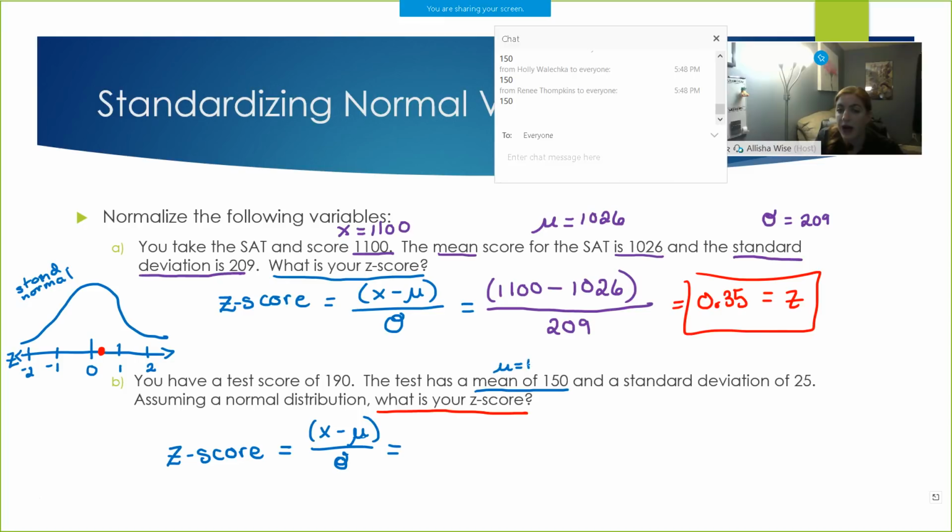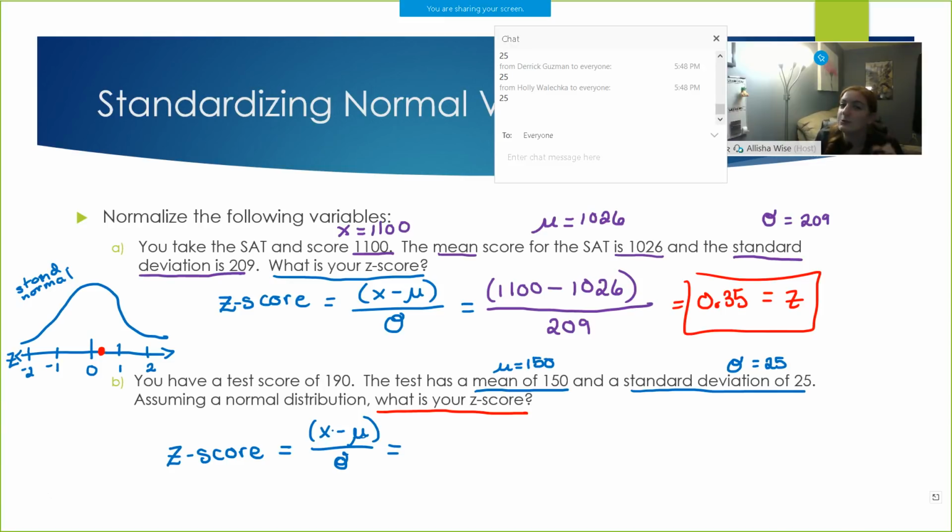So we need to go ahead and replace mu with 150. Okay. What should I plug in for my sigma down there? Excellent. Sigma is standard deviation, and standard deviation is 25. See, I wasn't lying when I said it's good to have those variables memorized. There's a reason why I harass you guys about it, right?